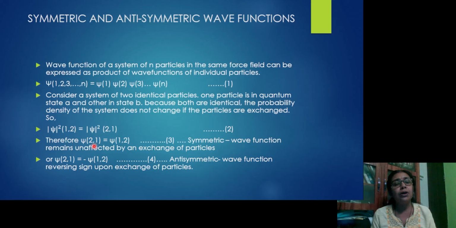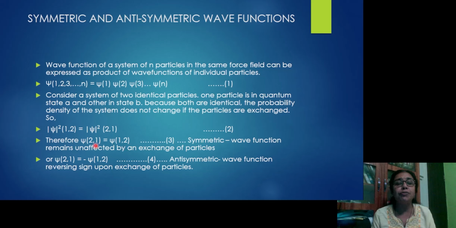there is one possibility that the system wave function when particle 2 is in state A and 1 is in state B will be equal to the wave function when the system has particle 1 in state A and 2 in state B. This is called a symmetric wave function, where the wave function remains unaffected by an exchange of particles.